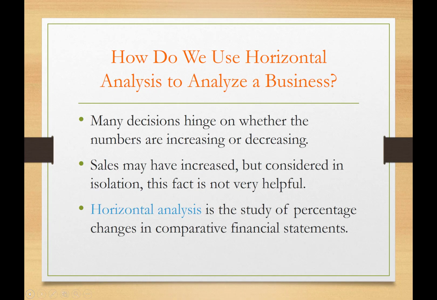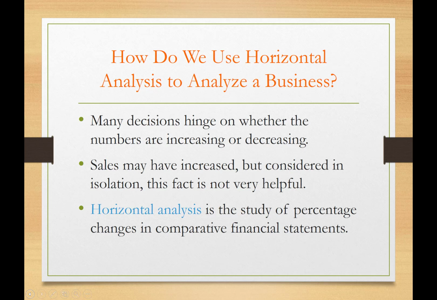Okay, so how do we do horizontal analysis to analyze a business? Basically, we're looking at are things increasing or decreasing? But let's take a look, for example, an easy topic. We certainly could say, are sales either increasing or decreasing over a particular time? And if they are increasing, that's hopefully a good thing.